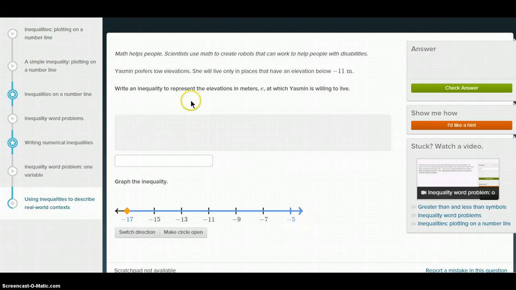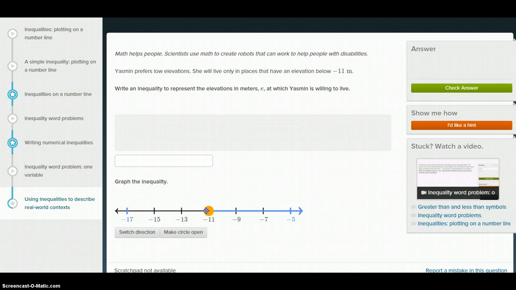Write an inequality to represent the elevation in meters, E, in which Yasmin is willing to live. She prefers lower elevations. She will only live in a place that has an elevation below -11.